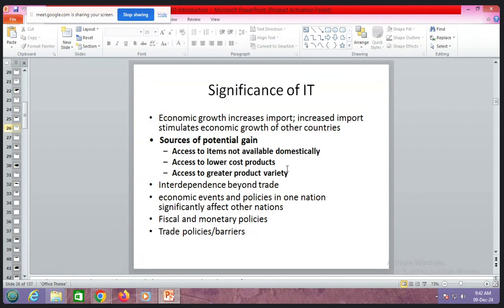So basically what we are trying to say is that when we are in a closed economy, when we are trying to solve the problem of unemployment or overemployment, we are trying to use monetary and fiscal policy to solve these problems.